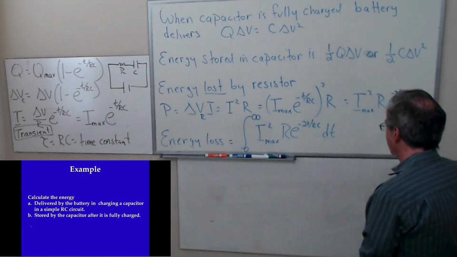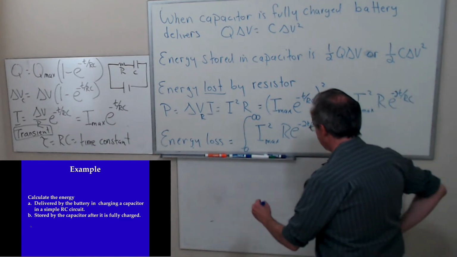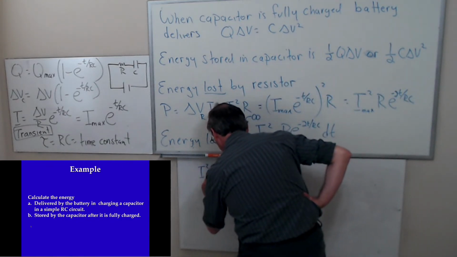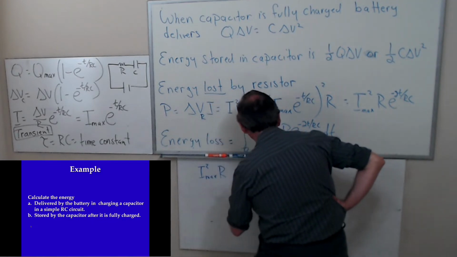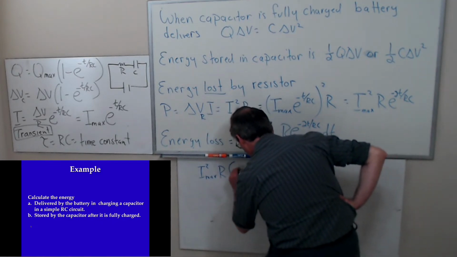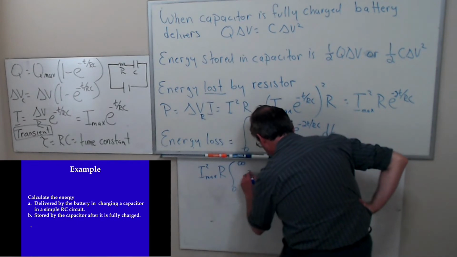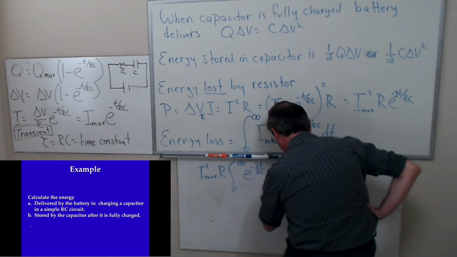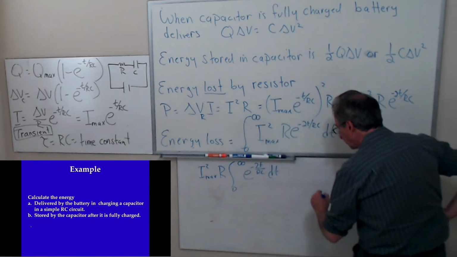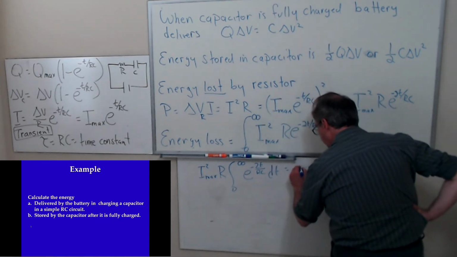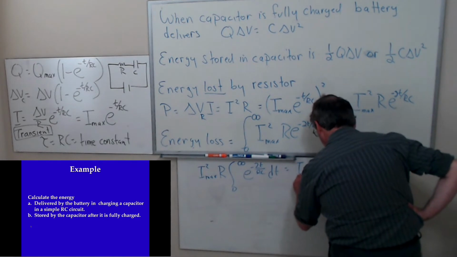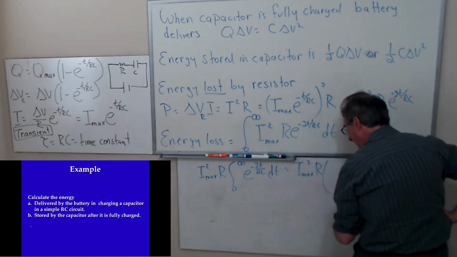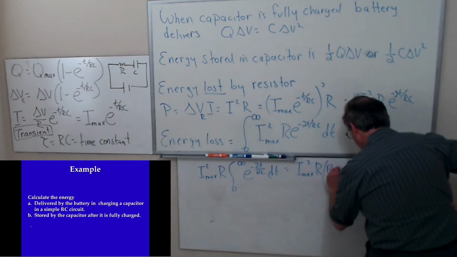Okay, now I've got to integrate this thing. Let's see. Is this a hard integral? Yeah, that's not too bad, right? When I integrate this, please check my math because I screw up a lot. I'm going to get an RC over 2.